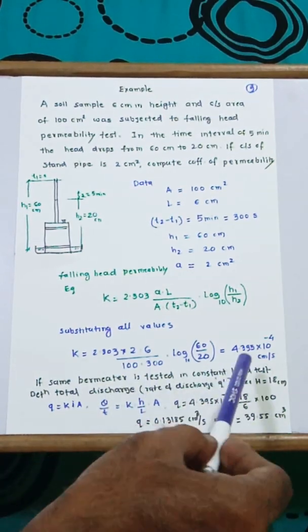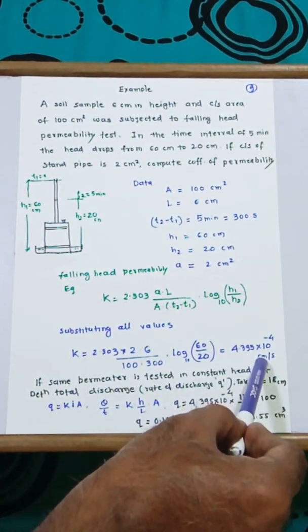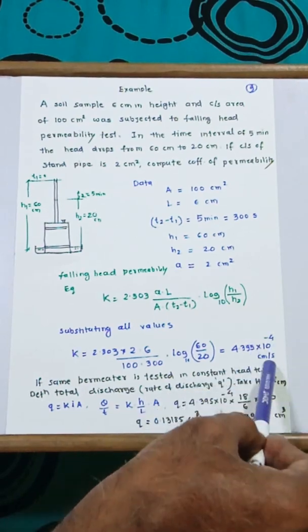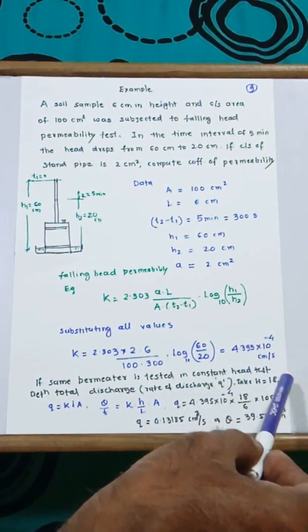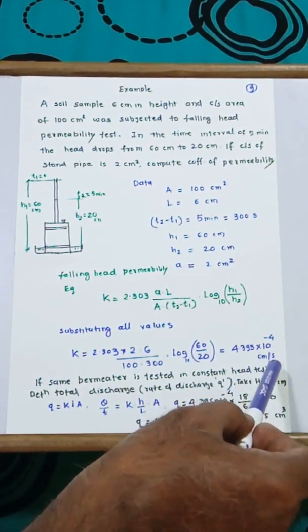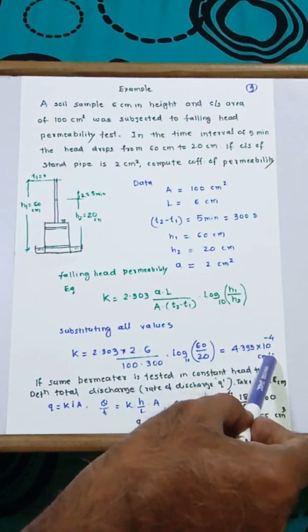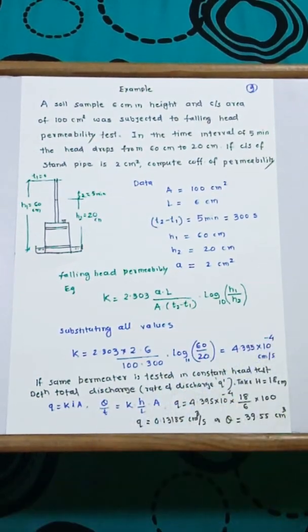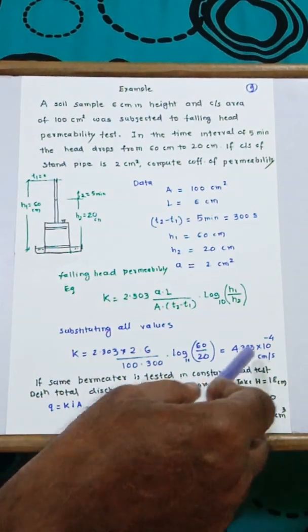So the calculation gives me 4.395 × 10 raised to minus 4 centimeter per second. You can also calculate in centimeter per minute, but here I converted into centimeter per second. This is the first answer.